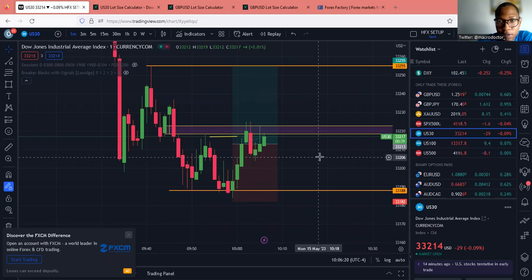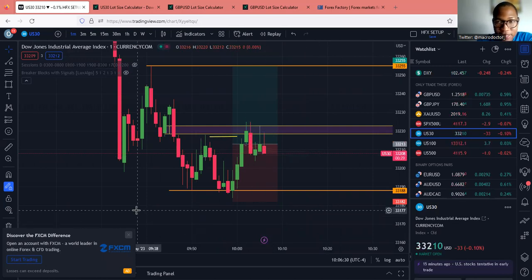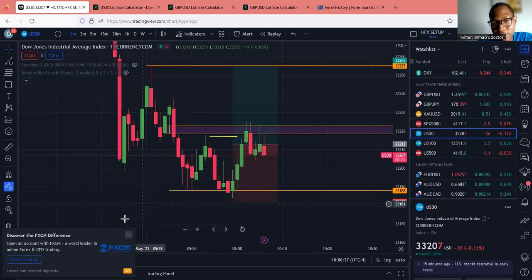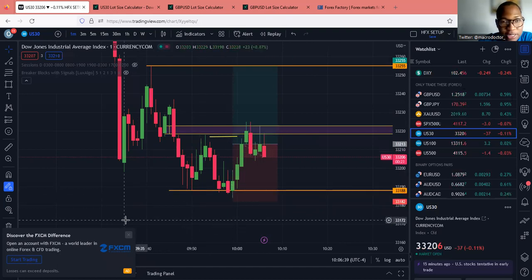I really hope it's clear. The rationale behind this is that I'm expecting a sweep of liquidity in a particular direction, ideally from 10 o'clock upwards. This swept liquidity by 9:59, so it was kind of close. But like I said, my initial bias is for a sell.